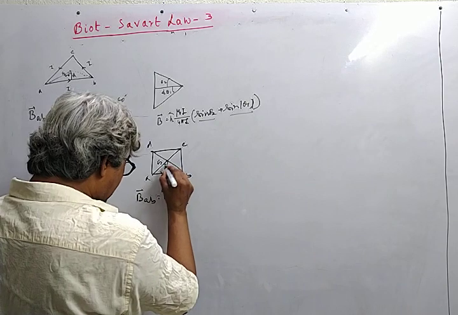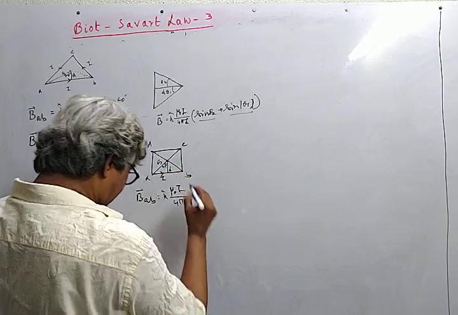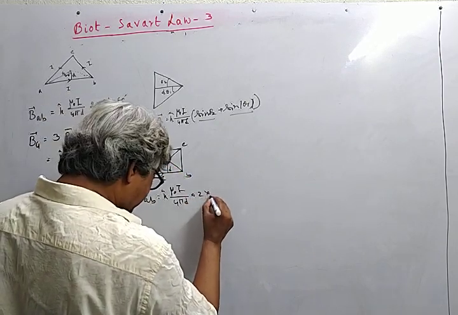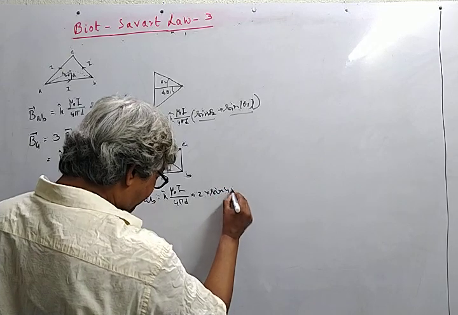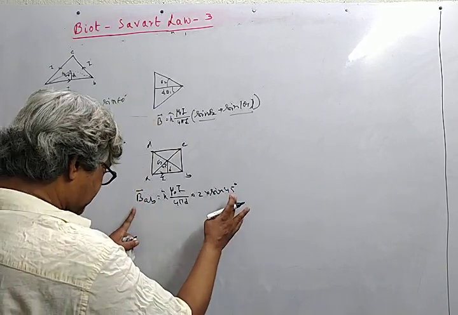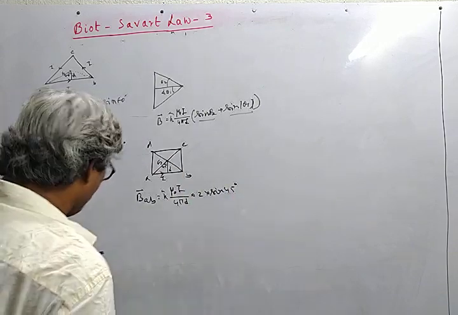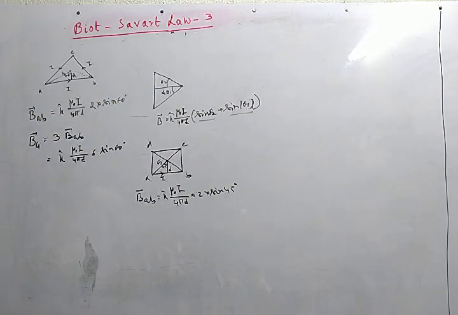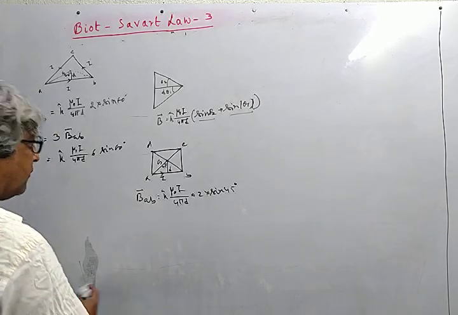This time this angle is 45 degree, so this is 2 times sine 45 degree, and the total field is obtained by multiplying this by 4. This type of calculation of regular geometry can be continued to an n-sided regular polygon.